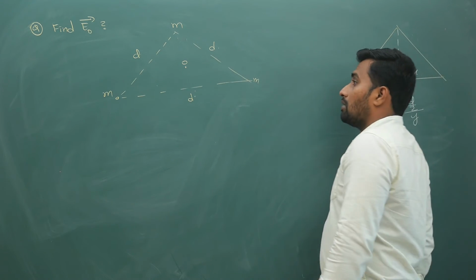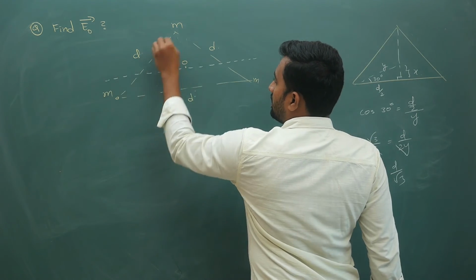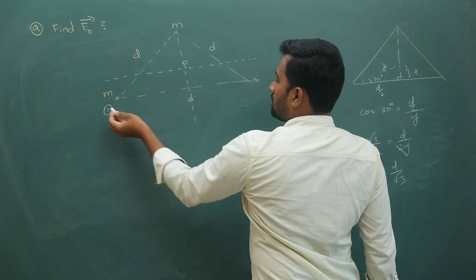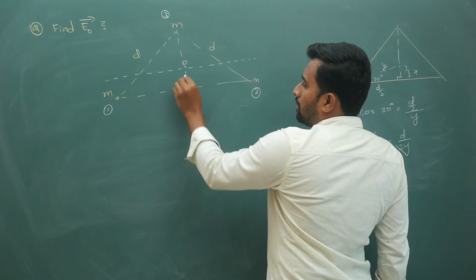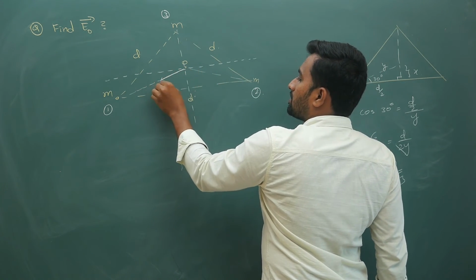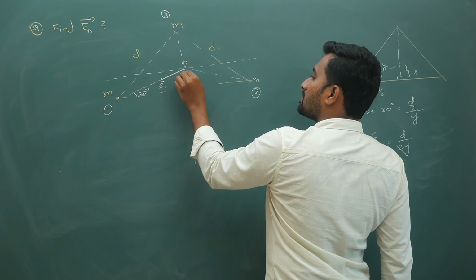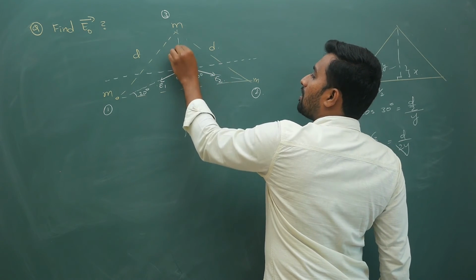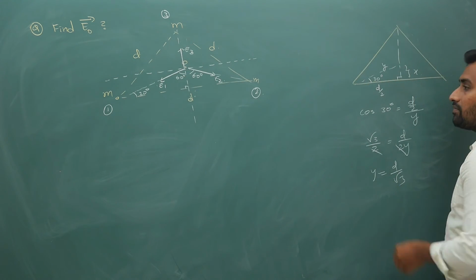So now, what is it you are supposed to do? If you choose a reference line like this, okay, this is 1, this is 2, this is 3. So your first vector will be along this way. This angle is 30 degrees, so this one is 60 degrees. It is because of 2, and because of 3 it will be this way, where your distance is y.